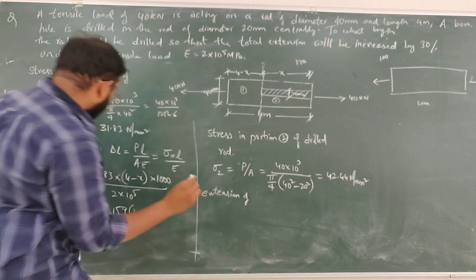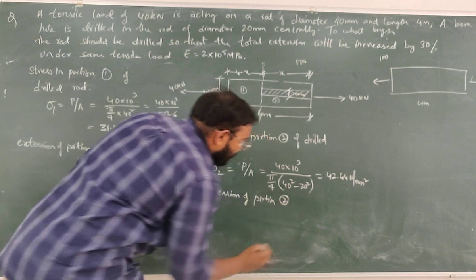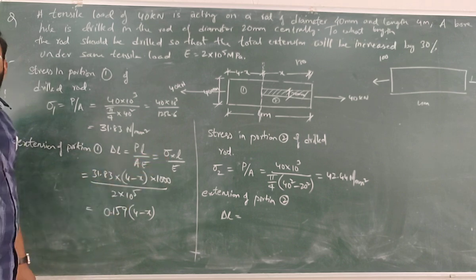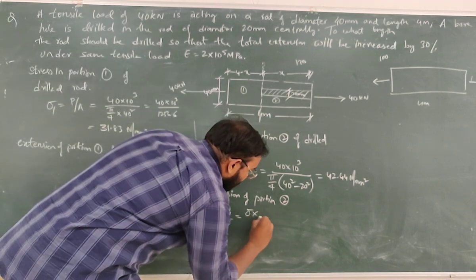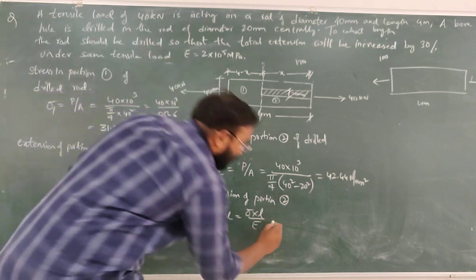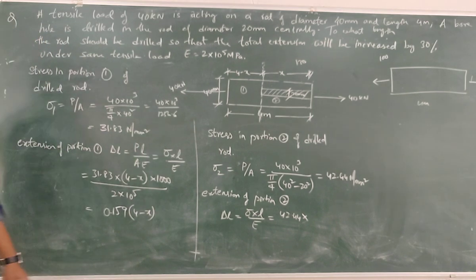Similarly, I will calculate the extension for portion 2. Now delta L is, again I will directly use this formula, sigma into L by E. Sigma multiplied by L whole divided by E, which is equal to 42.44 multiplied by, what is the length of this portion 2?